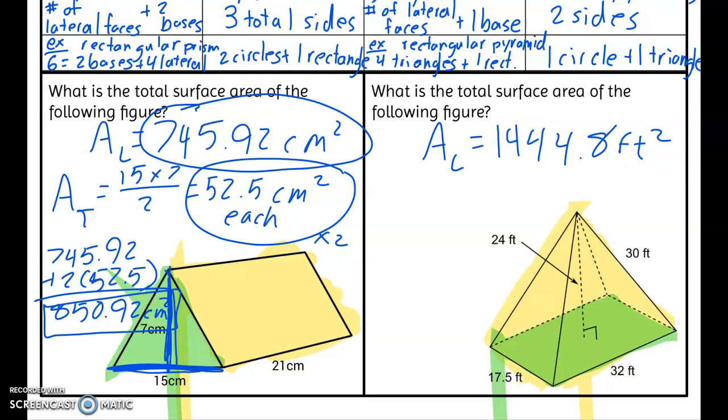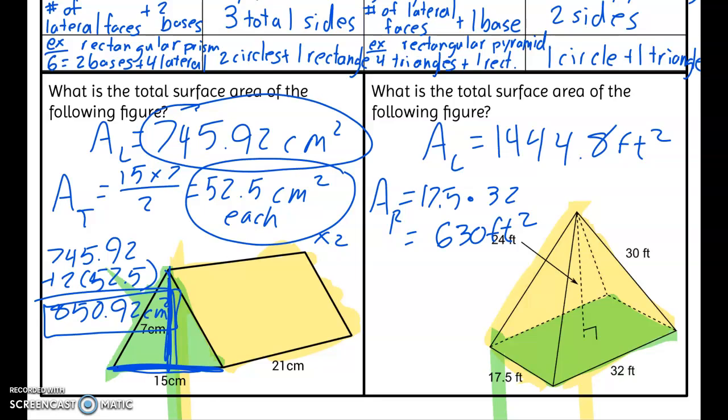So now all we have to do is find the area of the rectangle down at the bottom. We all know how to find the area of a rectangle. We just do length times width. So we're going to do 17.5 times 32. When we do that, we get 630 feet squared.